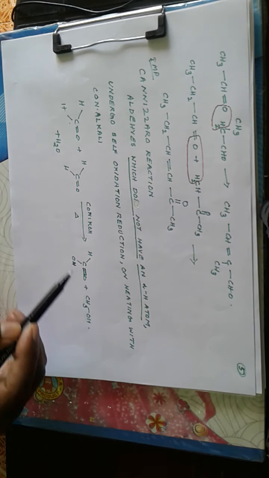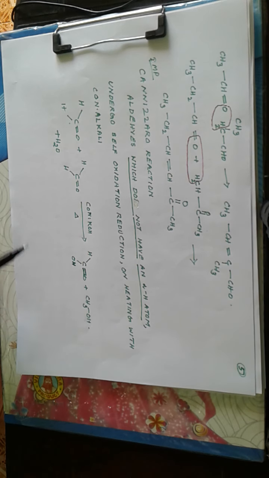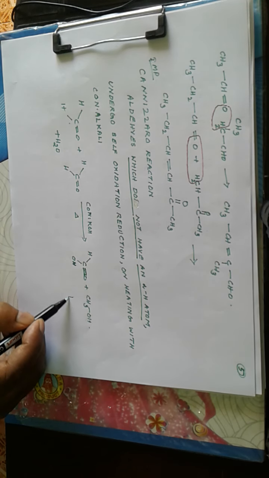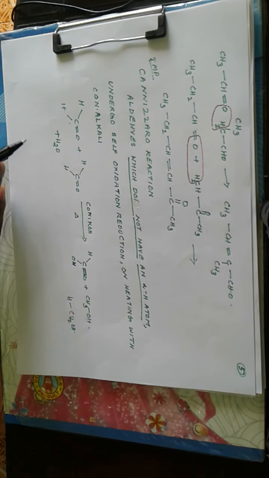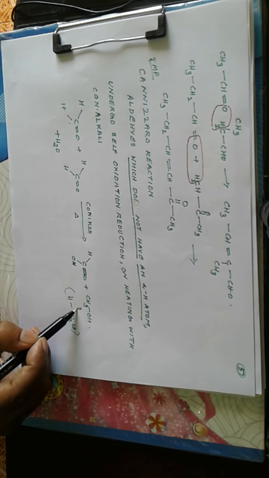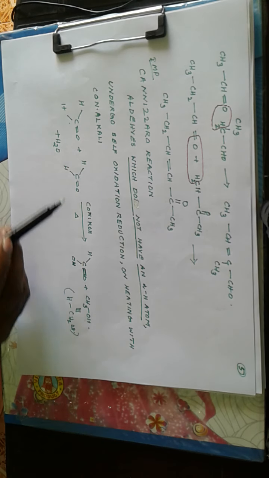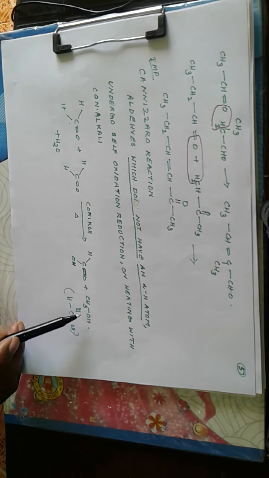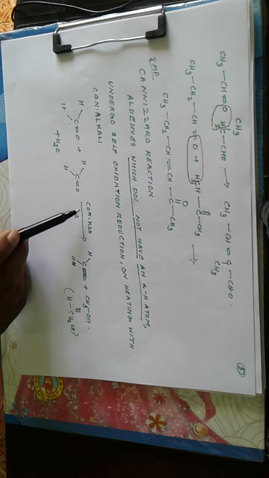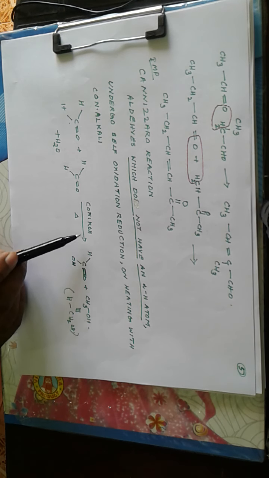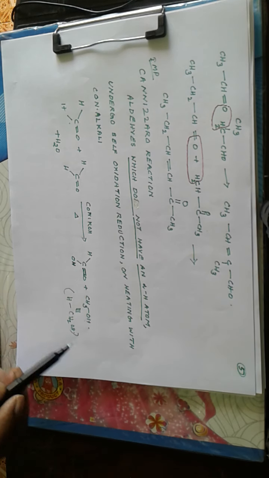Now an aldehyde on oxidation gives an acid, and an aldehyde on reduction gives an alcohol, a primary alcohol. This may be written as HCH2OH, so that a molecule of water is also reacting. So HCOOH, CH3OH. So two molecules of formaldehyde and water, in presence of concentrated potassium hydroxide on heating, give formic acid and methanol.